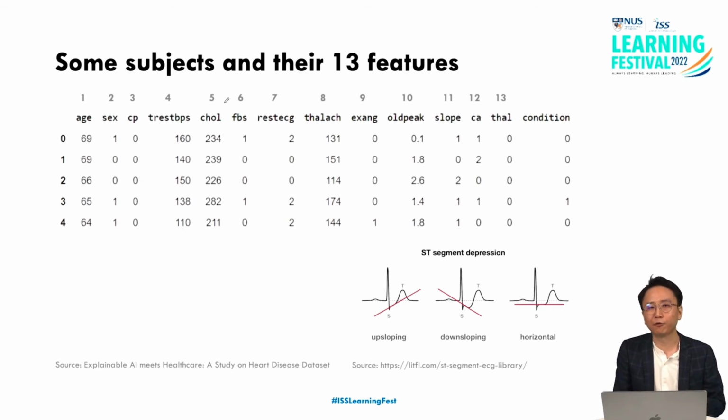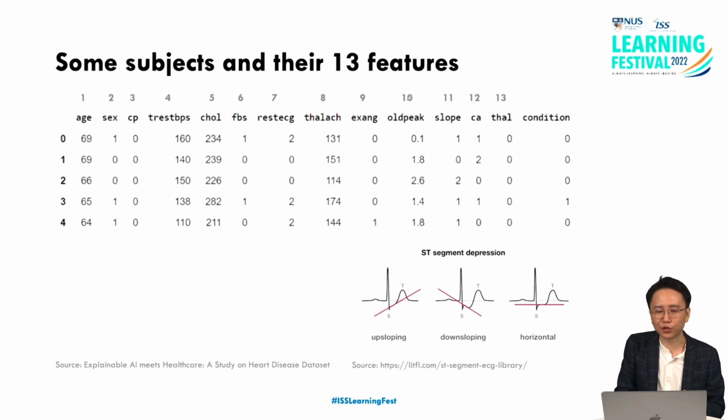The fifth feature, CHOL, represents the cholesterol level of an individual. The seventh feature, rest ECG, signifies if a patient's ECG is normal, or has an ST wave abnormality, or has a probable left ventricular hypertrophy.